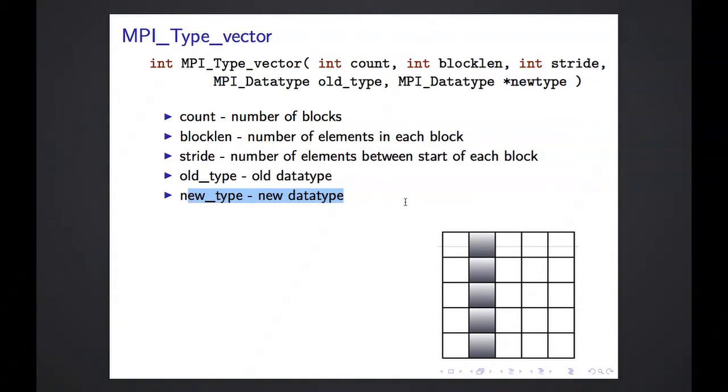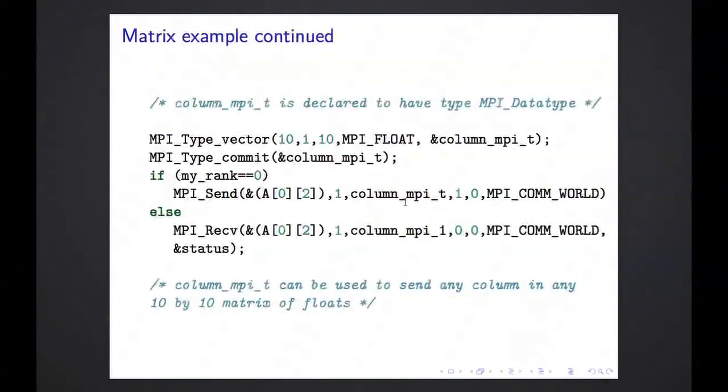Using this is how you would send a column. In my code, after I define my matrix, I define the MPI type vector. This vector has 10 blocks, each block contains just one floating point element, and the stride between the elements is 10. This is how I get a column of a matrix, and this is the output column data type. I have to commit this data type to actually register it with MPI.